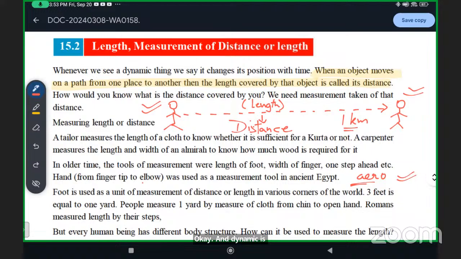So aerodynamics talks about the things that move in the air, like aeroplanes or any aircraft. It is a study of those things that move through the air. Really, ma'am? Because I thought I had read that aerodynamic is the shape that you need to have to be able to fly or move in the air.